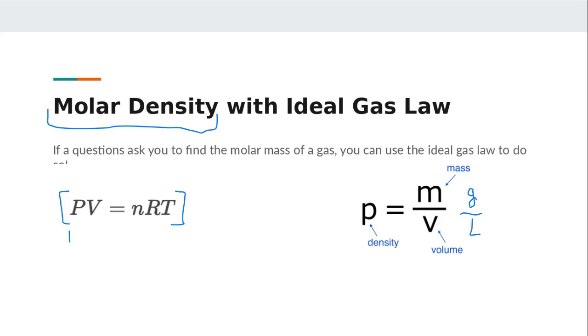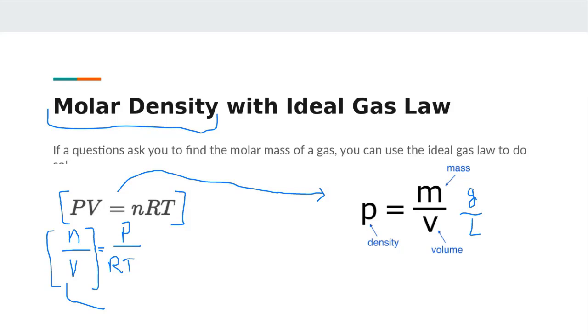So first you want to transform this equation to look as close to our density equation as possible. The first thing you would do is solve for n over V. The units for that would be moles over liters, which is very similar to grams over liter, but not really. Right, and you would get P over RT. Once you plug in your values for P, R, and T, you get moles over liters, right?